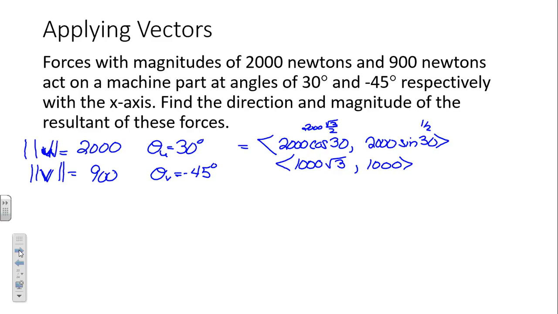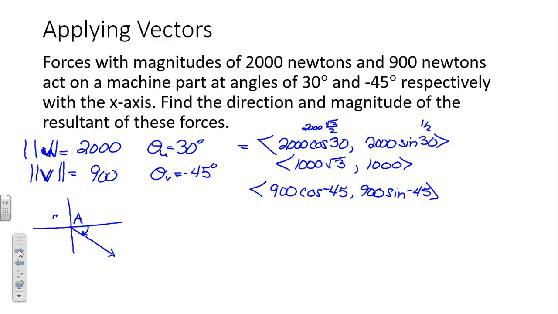Now let's find our other one. 900 times the cosine of negative 45, and 900 sine of negative 45. What's the cosine of a negative 45? Positive or negative? Here, negative 45 degrees means we're going to the fourth quadrant, right?